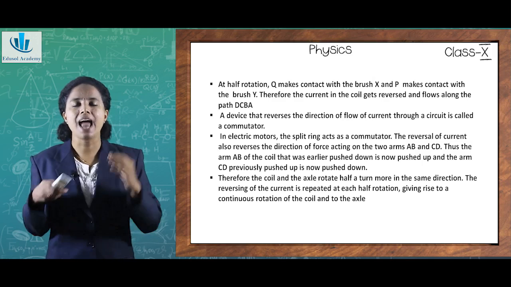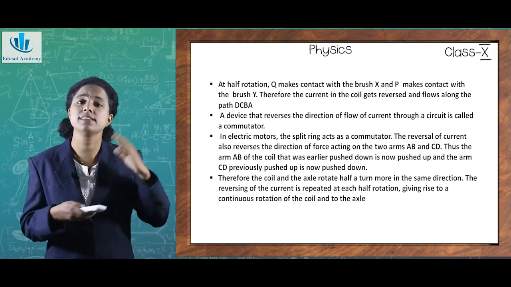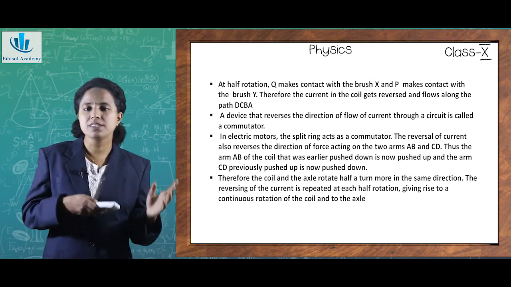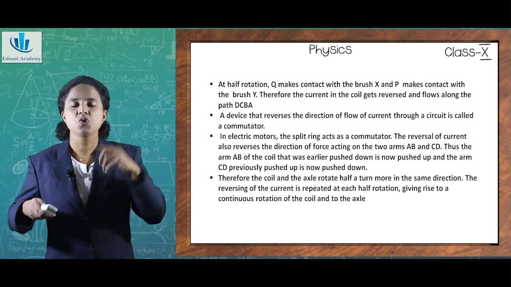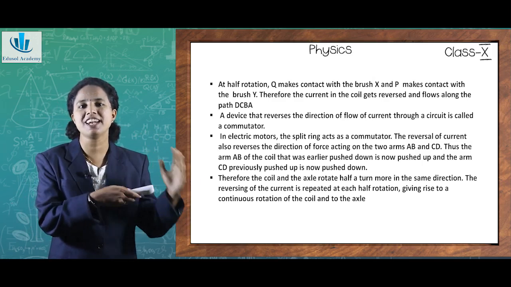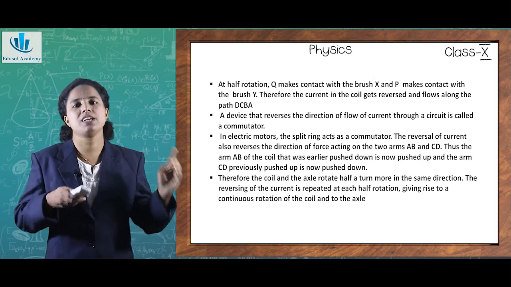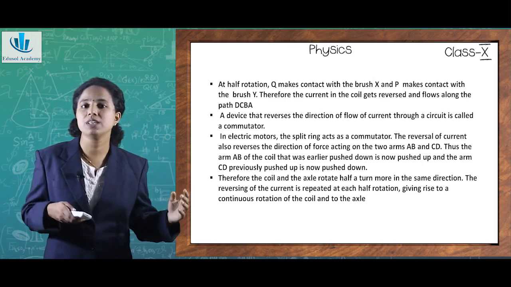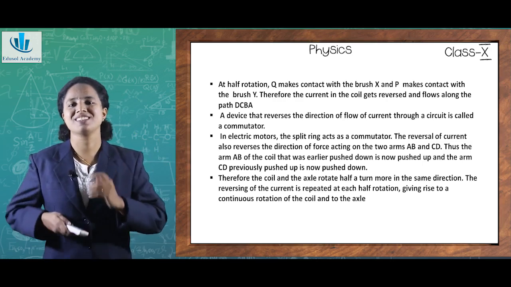So, the coil and the axle will rotate half a turn more in the same direction. The reversing of current is repeated at each half rotation, which gives rise to a continuous rotation of the coil and the axle, and this is how an electric motor works.